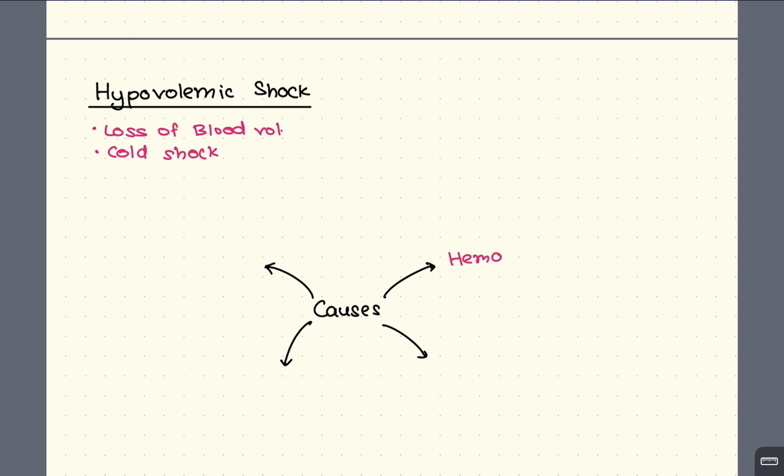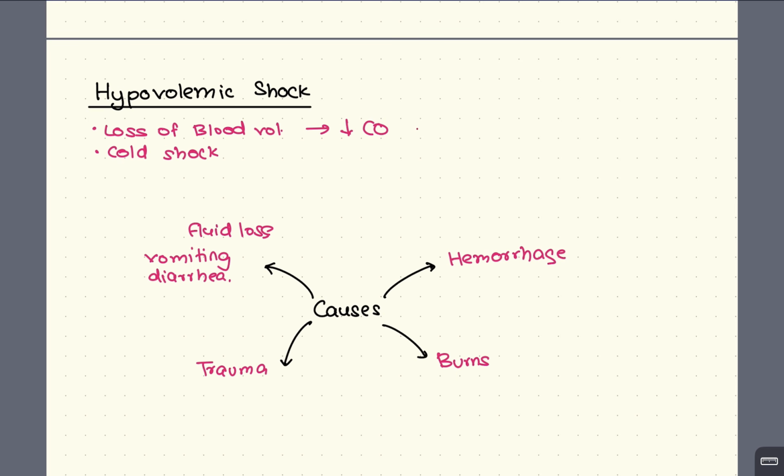Hemorrhage, burns, trauma, and any fluid loss like vomiting and diarrhea. So the basic point in hypovolemic shock is that there is low blood volume, and this results in decreased cardiac output. That is the main point.